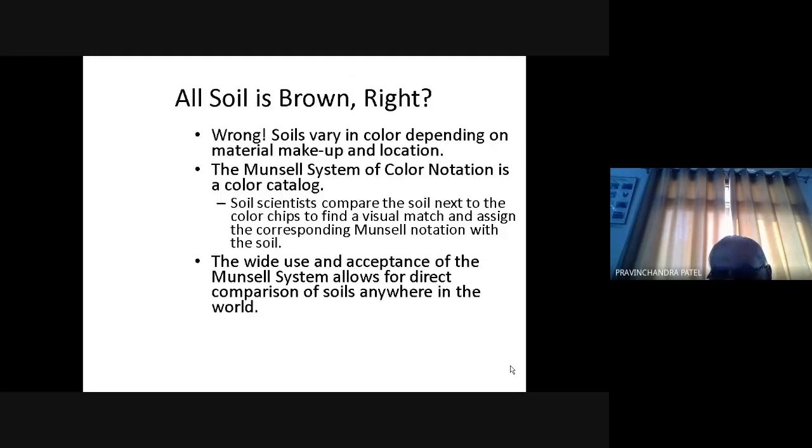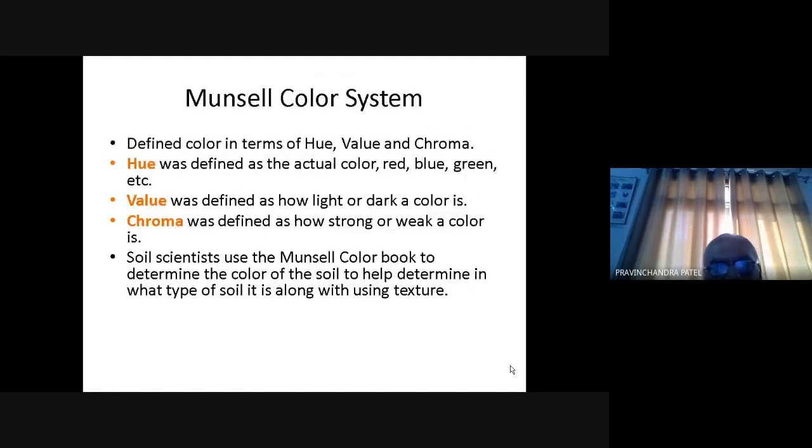So I think it is the last one, only two. So the Munsell color system defines color in terms of hue, value, and chroma. You have to remember, it will be asked in MCQ. Hue is defined as the actual color, red, blue, or green. Value is defined as how light or dark a color is.